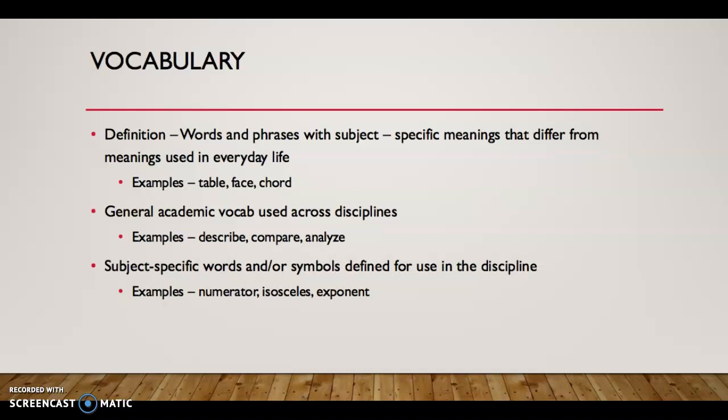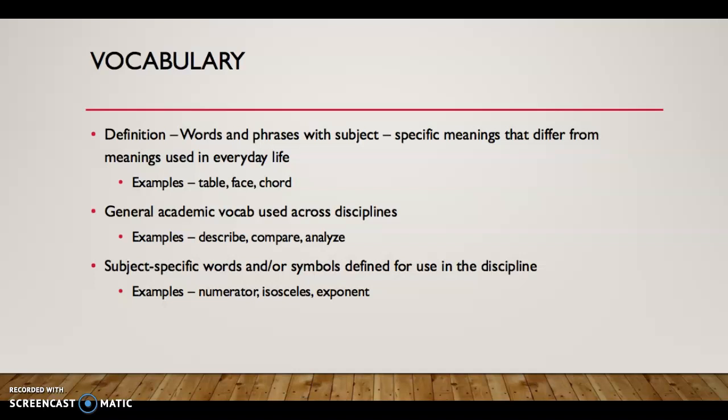So some examples of that are table, face, and chord. So the face, normally you think of your own face, but a face in math is like a face of a shape or a graph.